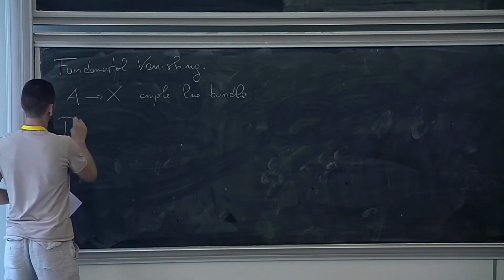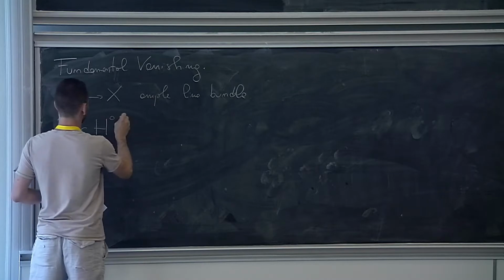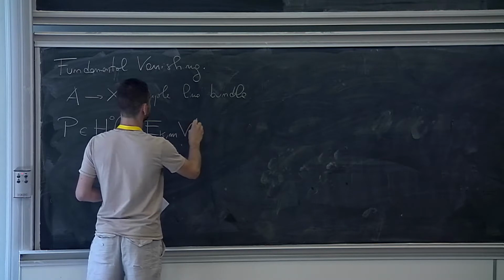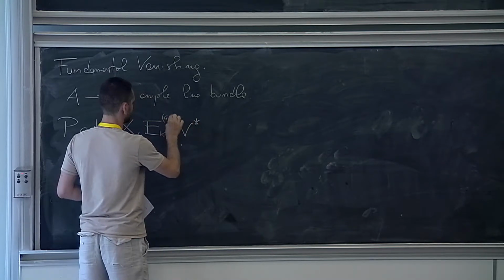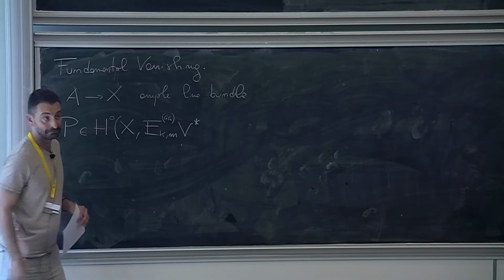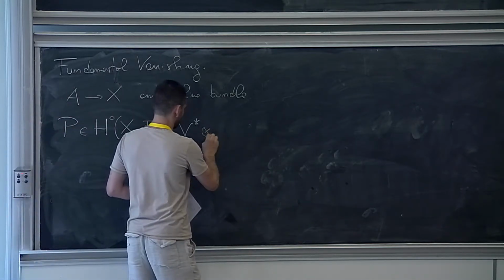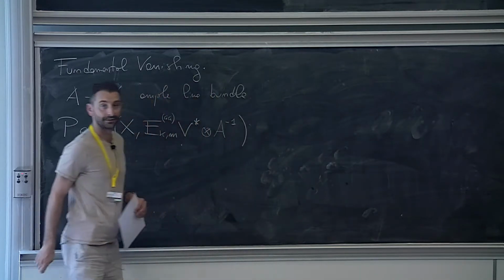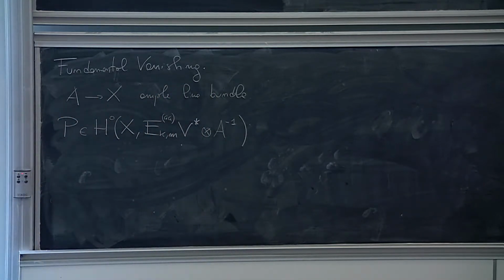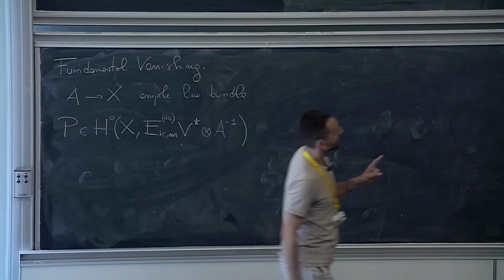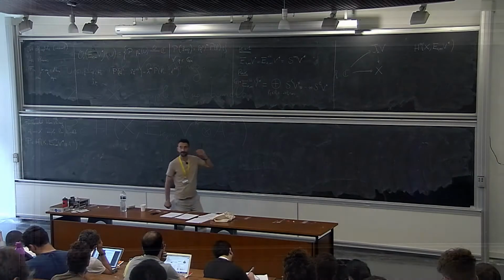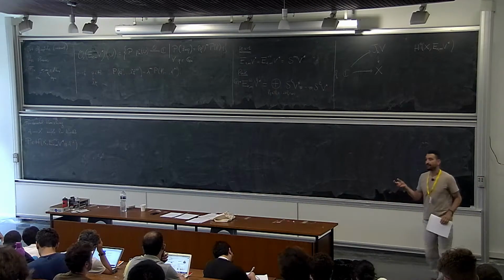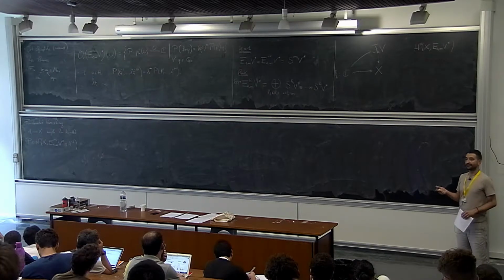And suppose you have some section of this bundle, even this one, maybe, but once twisted by the dual of A. So not only am I asking to have a global section of this bundle, but normally when you twist with something negative, it's more difficult to have a section.